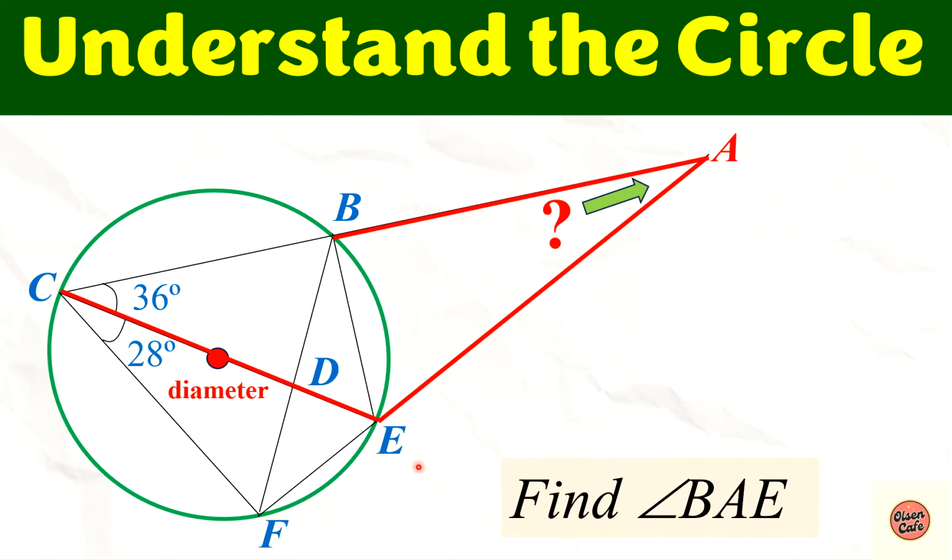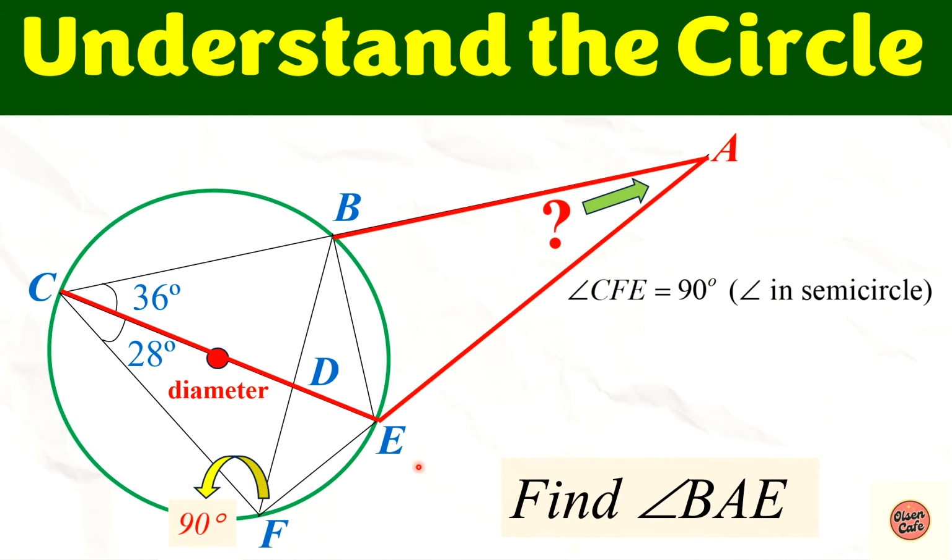With this diameter, what angle property can you refer to? If you are familiar with angle properties, you will know that this angle CFE equals 90 degrees, because of the property: right angle in semicircle. This is the only angle that I need that can help us find angle BAE.